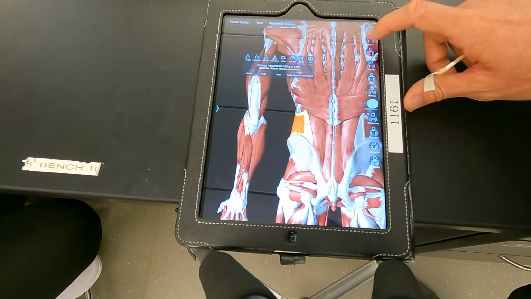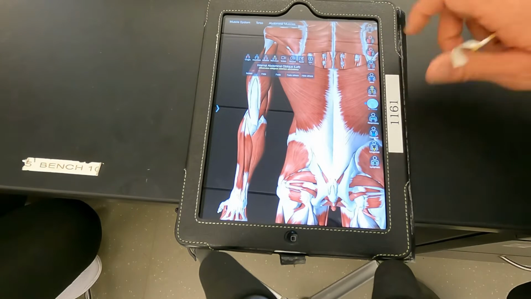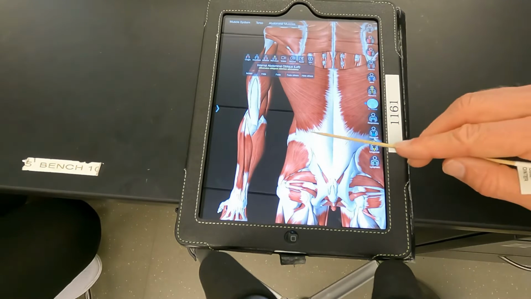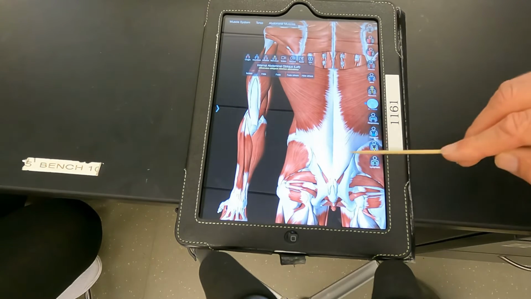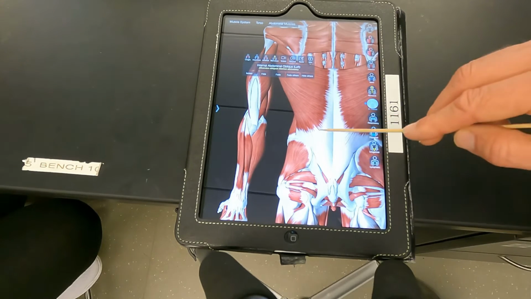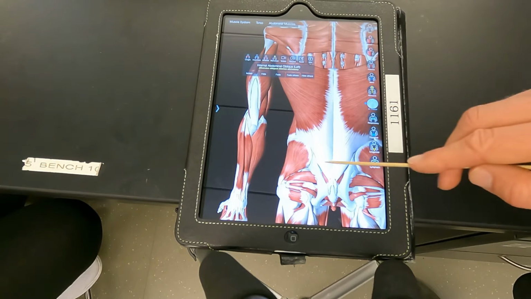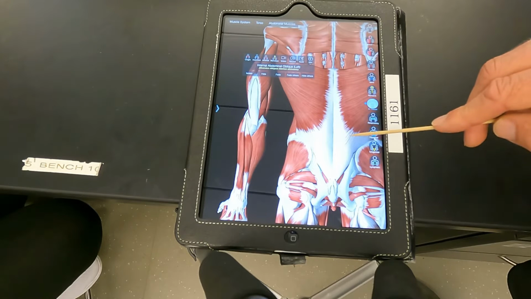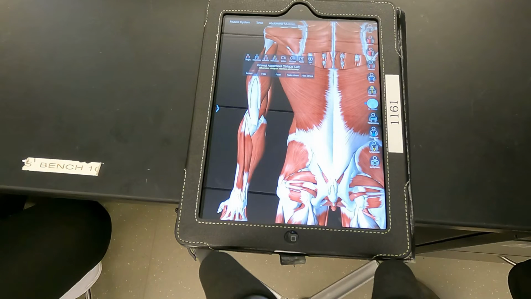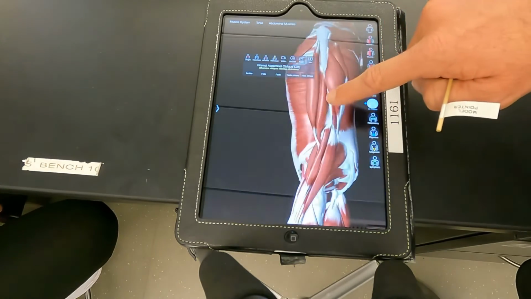If you keep adding layers of muscle, you get to this area of fascia on the lower back. See this triangle area of fascia on the lower back? That's collectively called the thoracolumbar fascia. And there's a lot of different muscles that insert on that fascia, and the abdominal obliques are one of those.